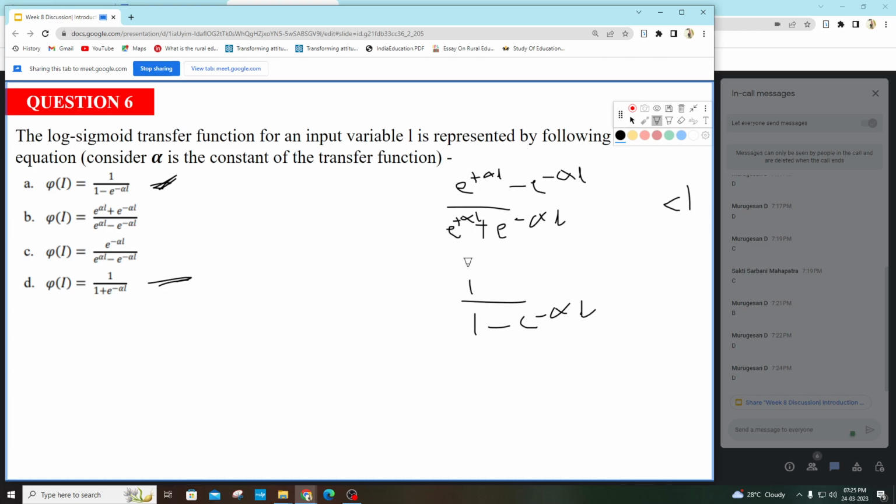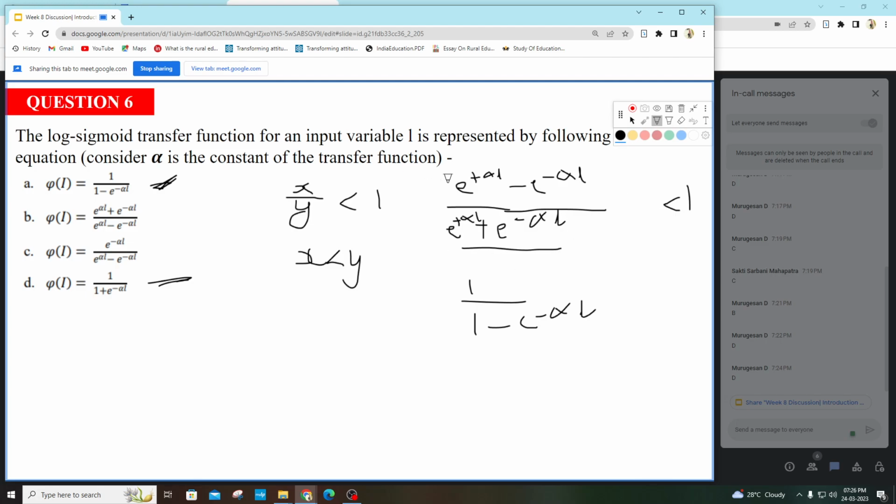How could it be less than 1? If x by y is a term, it can be less than 1 only if x is less than y. So the minus term will always be at the top and the plus term will always be in the denominator, meaning your denominator must be heavier than your numerator. That is how your tan sigmoid function will be less than 1.